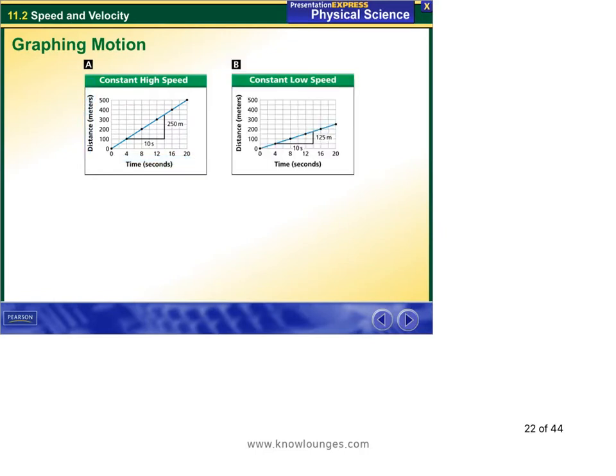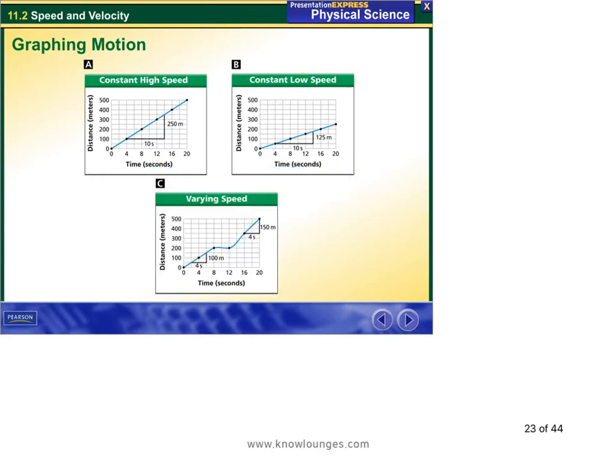Here is another distance time graph, with a lower slope and a lower speed. On this one, dividing the rise and the run, we get a speed or slope of 250 divided by 10, which is 25 meters per second. Over here, dividing the rise and the run, we get 125 divided by 10, which is going to be 12.5 meters per second.